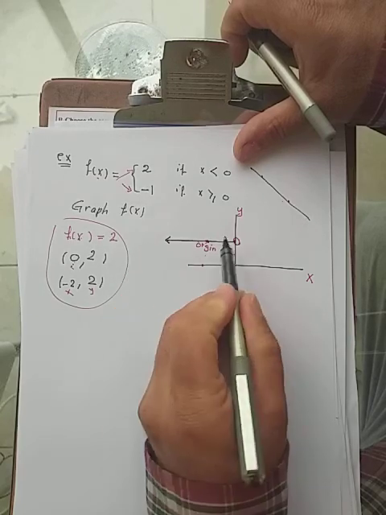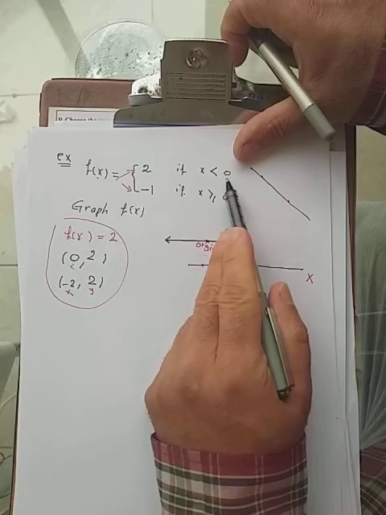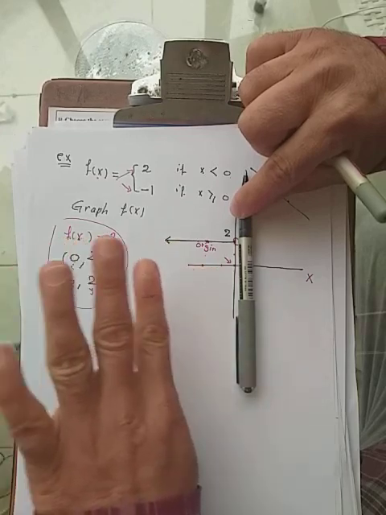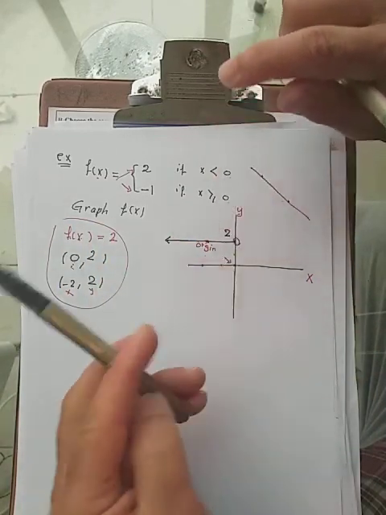This is the graph of f of x equal to 2 if x is less than 0. Any number, as you know, x is less than 0. We are done.